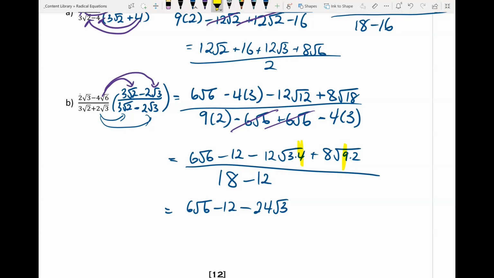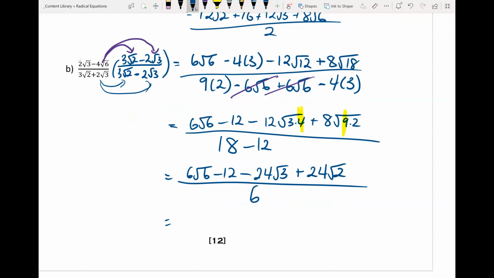For this one, we have root 9 to take out. So the root of 9 is 3. 8 times 3 is 24, and then we're left with root 2. 18 minus 12. Last thing we're going to do is simplify coefficients, because you have 6, 12, 24, 24, and 6.